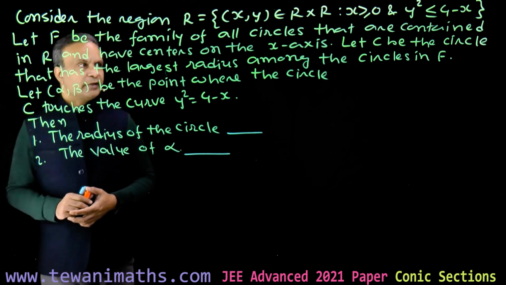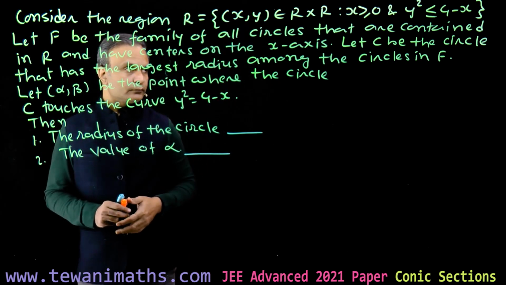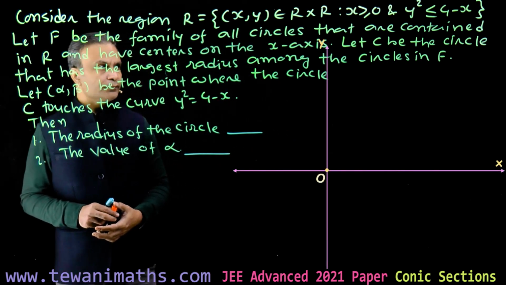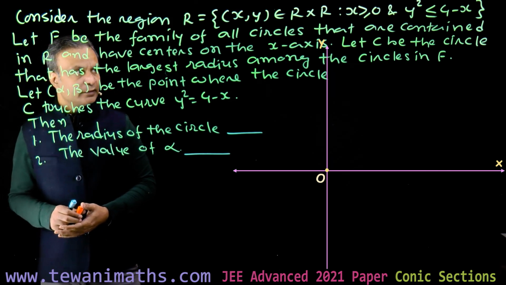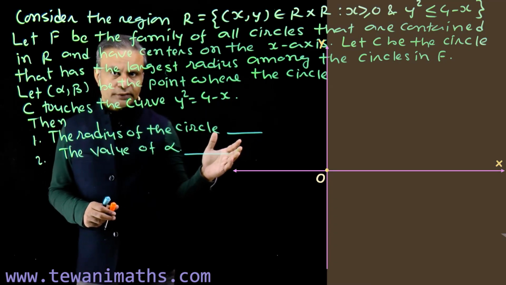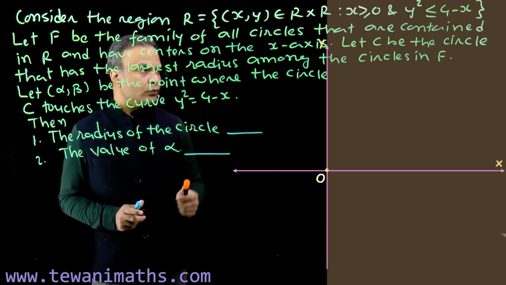Okay, now first of all, let's draw the region of this definition. Here we have coordinate axis. Okay, x greater than or equal to 0 means points lie in first and fourth quadrants. Okay, then y square less than or equal to 4 minus x.